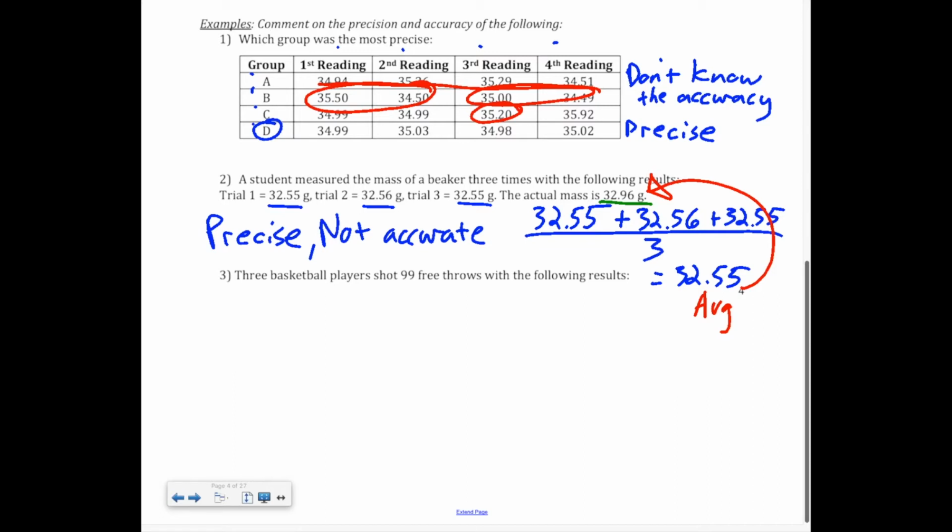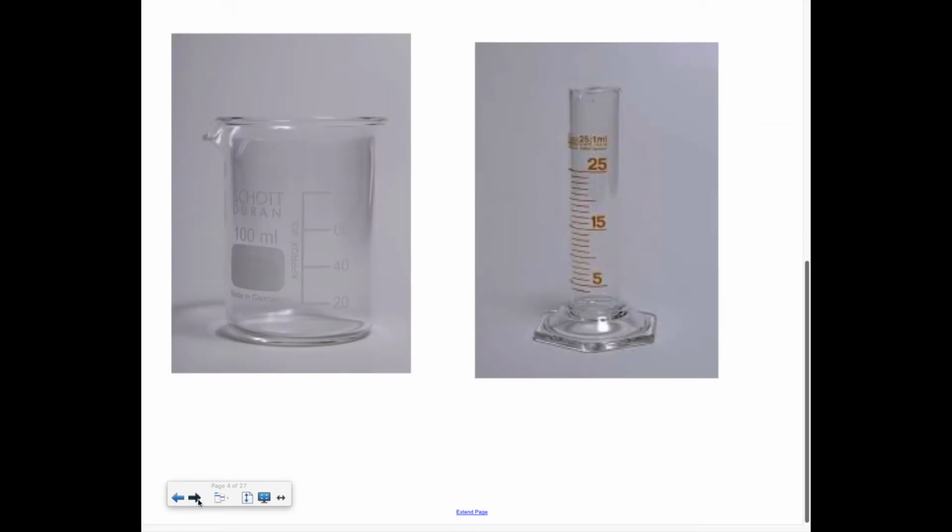Okay. Now, instead of doing number 3, let's take a look at a real life example. On the left, you have a beaker, and on the right, you have a graduated cylinder. Hey, we have done this before. I just want to talk about this, a graduated cylinder. When y'all did the lab, I asked you which measurement did you feel more confident in, and a lot of students picked the beaker as the one they felt more confident in.